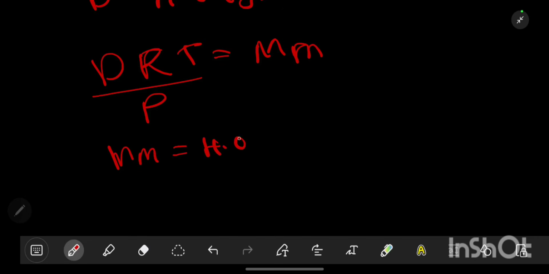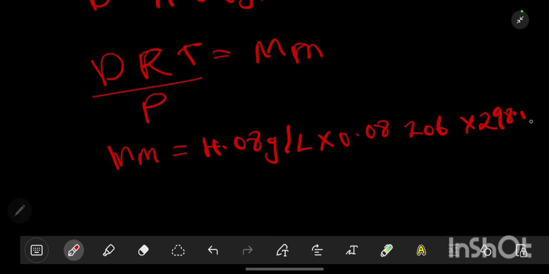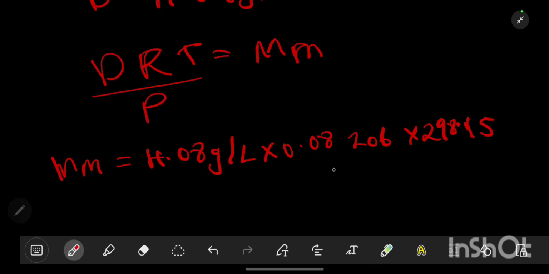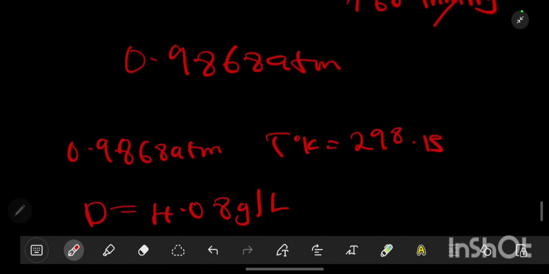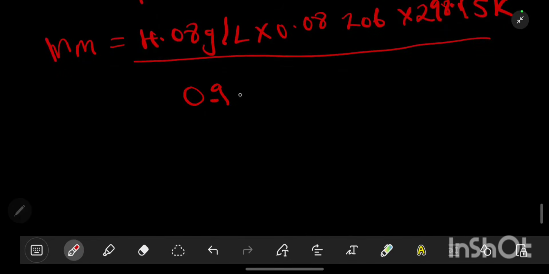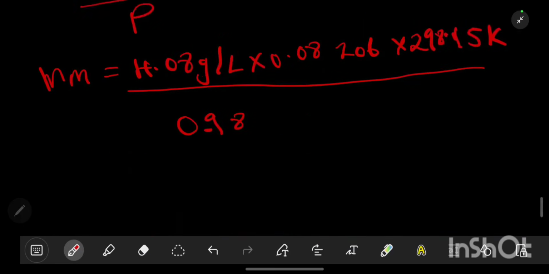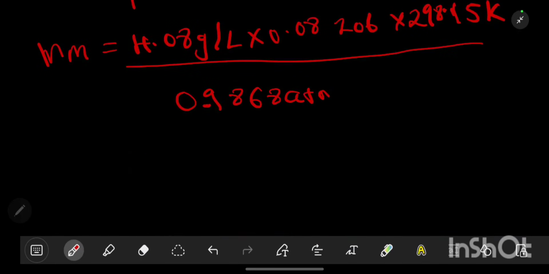We found it to be 4.08 grams per liter times R, where R is 0.08206. Then we have times the temperature, which is equivalent to 298.15 kelvins. Then we have over the pressure, which we found to be 0.9868 atm.